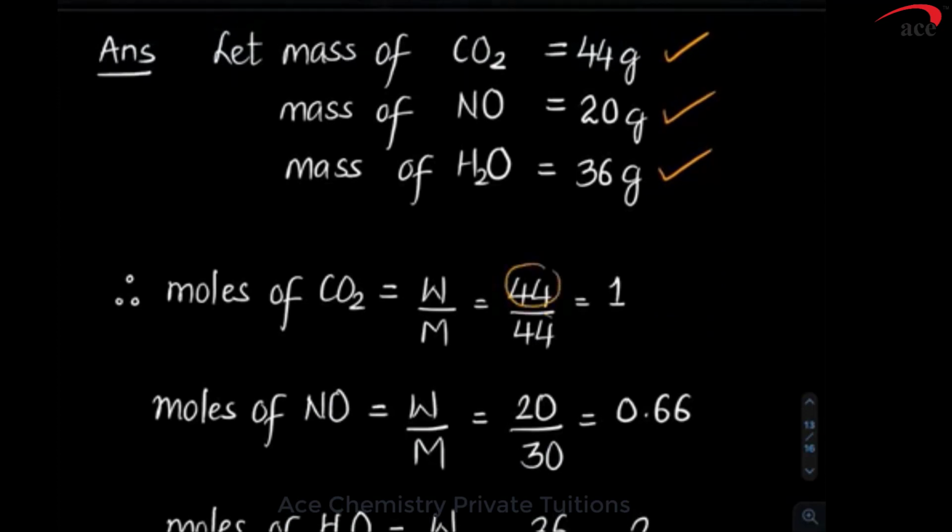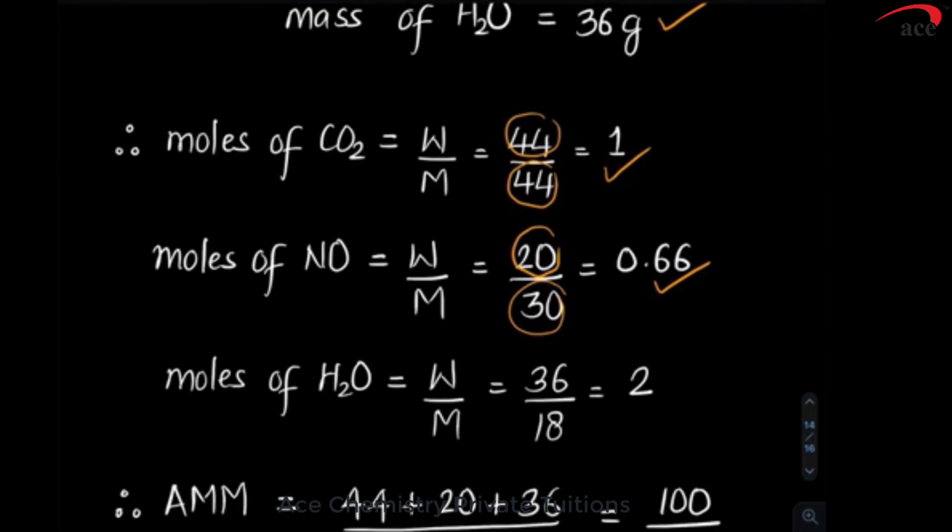Moles of carbon dioxide will be mass upon molecular mass, 1. Moles of NO will be mass of NO divided by molecular mass, 0.66. Similarly, moles of water will be mass of water upon molecular mass, 2.